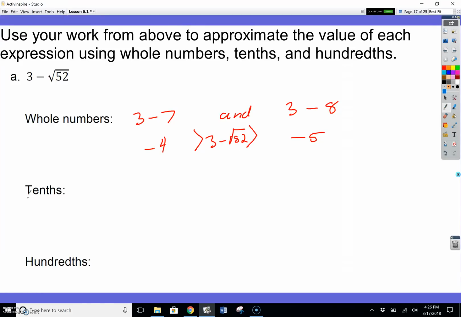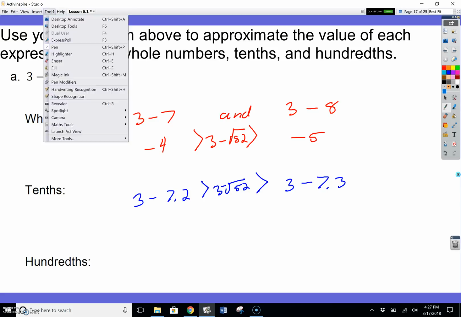So when we look at the next one, I know that this is going to look like 3 minus 7.2 and 3 minus 7.3. So I know 3 minus radical 52 is going to be in between these two. So I know it's going to be less than this number, but greater than this number.